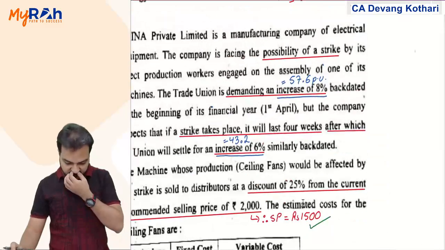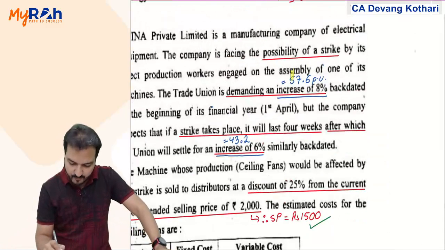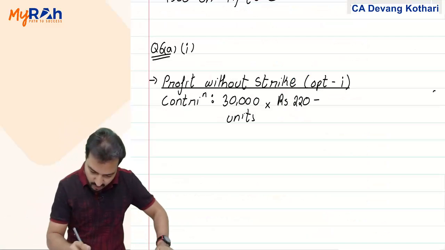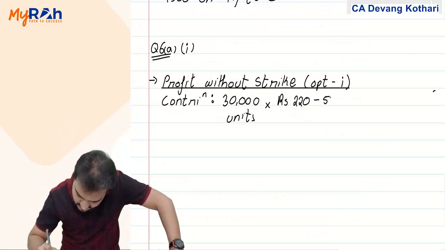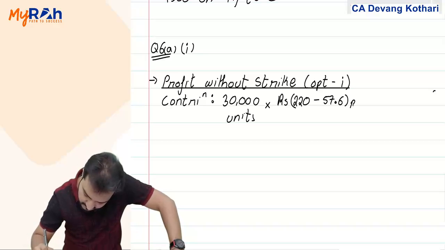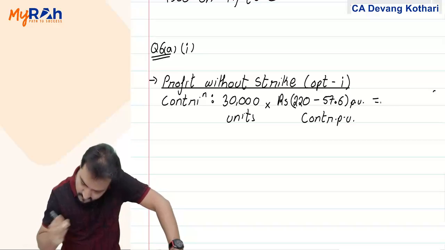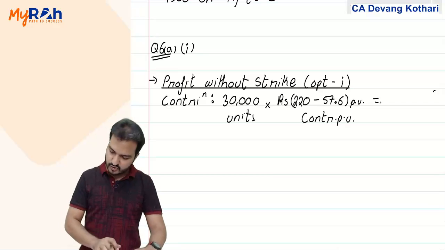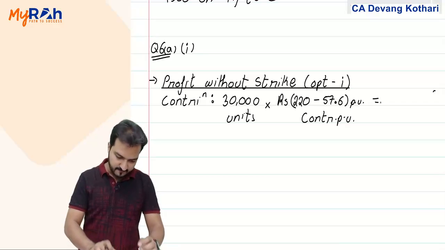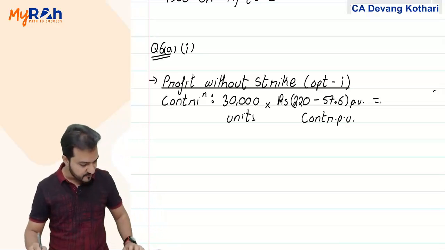They demanded extra wages of 57.6 per unit. If I agree to pay that much extra, then my contribution will decrease by 57.6 per unit. Makes my total contribution 220 minus 57.6 into 30,000, 48,72,000.